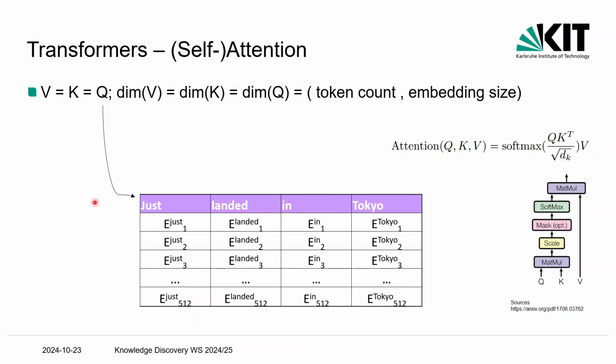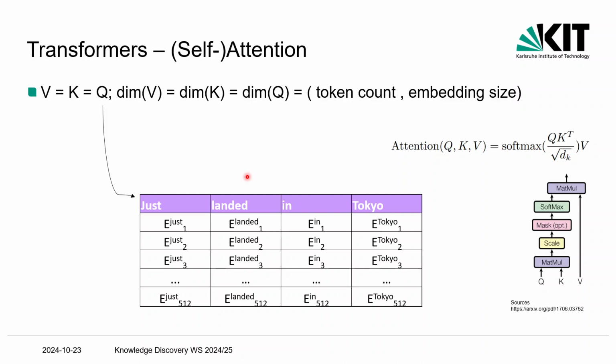Because we'll be doing this on itself, it's actually more correct to call it self-attention. The dimension of V, K, and Q is the same, pretty obvious since it's the same matrix that we'll be using. And this dimension will be the token count, which in this case is 4, and the embedding size, which is 512.